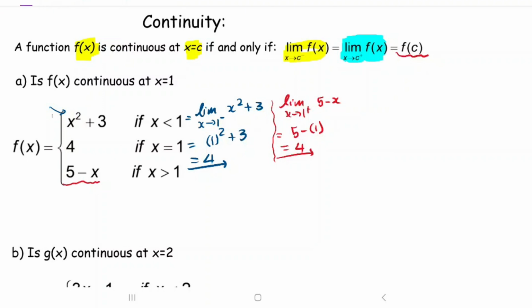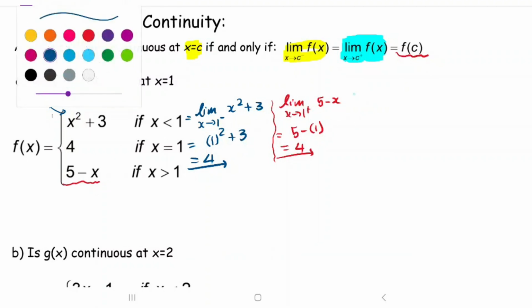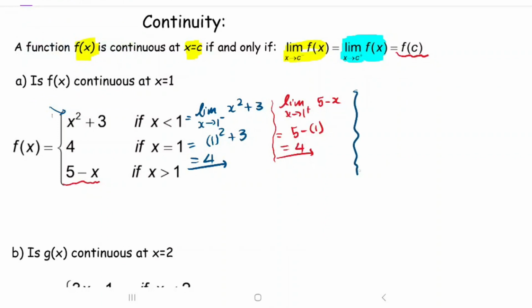The last thing we then check is the function value at x equals 1. We substitute f of 1, and we can clearly see that when x equals 1, its corresponding y value is 4. So we get 4 there.